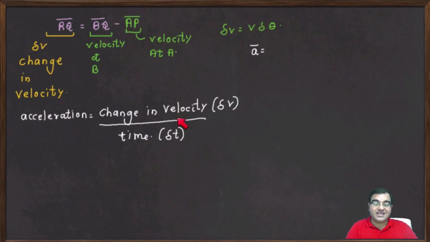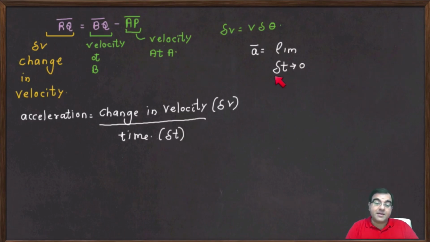Delta basically means change, v means velocity, and t means time. So to this acceleration, now we are going to apply limits.